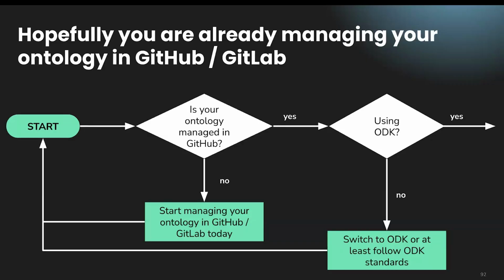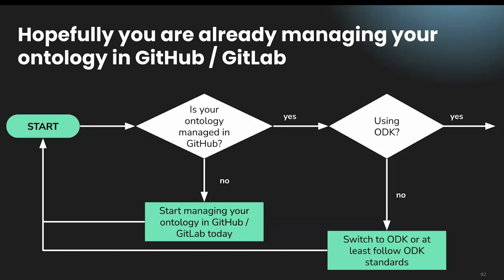Or if you're not technical yourself, you can maybe find someone in your group and point them at some of this documentation. The first thing, and I think this holds for all of us here, is that this is so much easier if you're already managing your ontology in GitHub or GitLab. I know there's maybe a couple of OBO ontologies that for historic reasons don't do this, but I think most of us are.